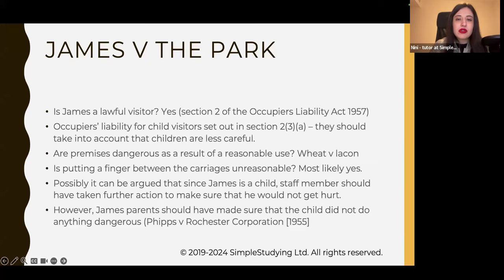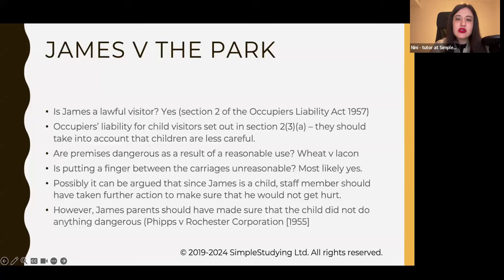One more very important thing for you to remember is that you should always cite in your footnotes the relevant sections from the statute, or if it's case law, then cite the relevant case. Tort law is mainly common law based, so you will most likely have to cite cases most of the time, but for occupiers' liability, it's a statute, the Occupiers' Liability Act.